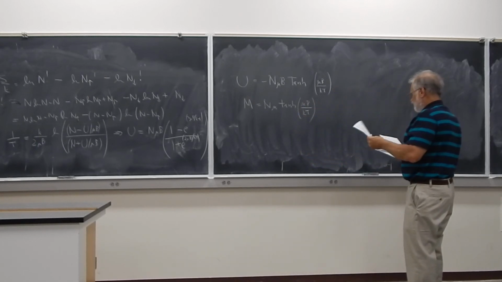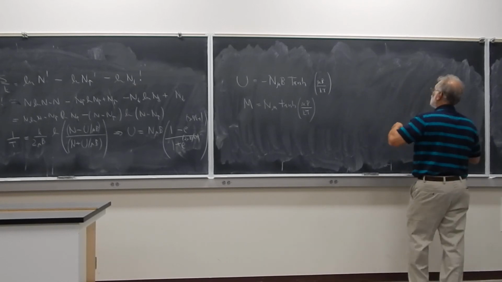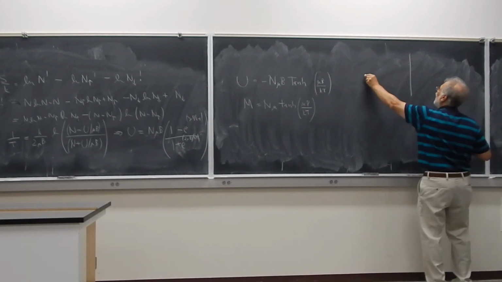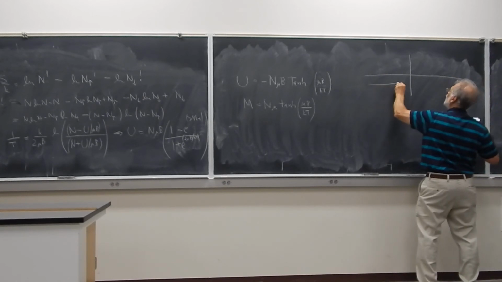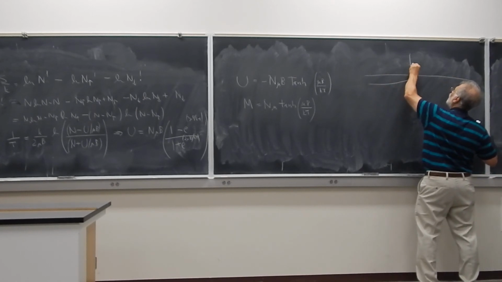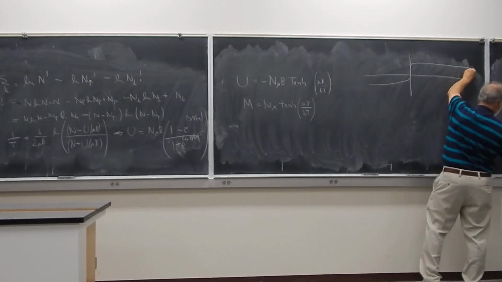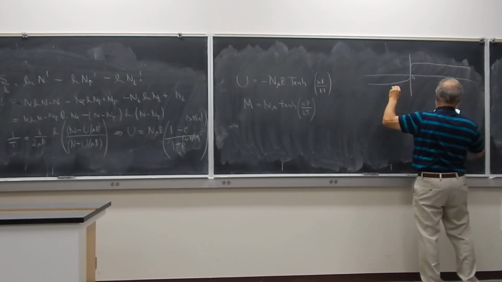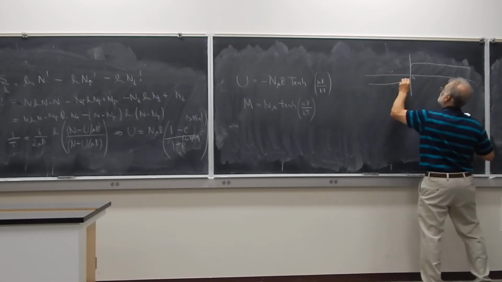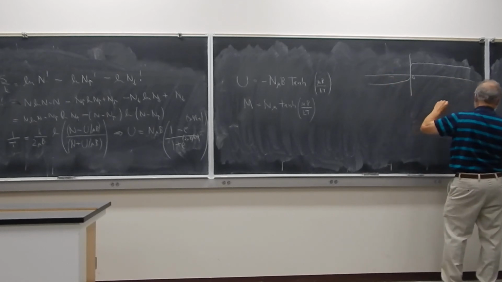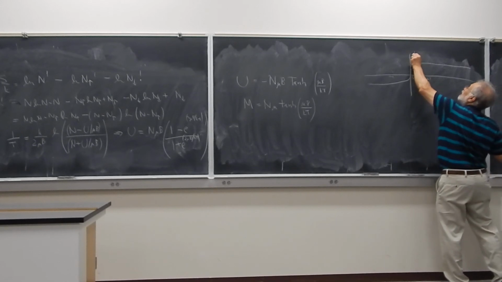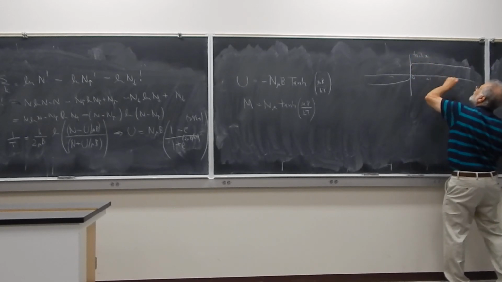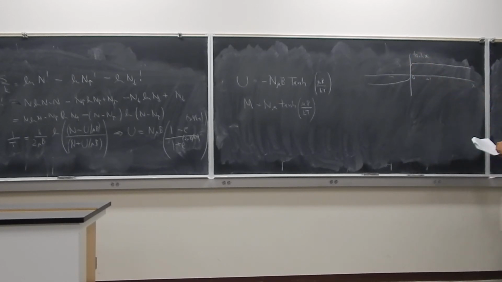Let's get a better feel for what this is. Suppose I plotted a hyperbolic tangent function. It would look something like this: zero, minus 1, plus 1, and so on. So this would be a hyperbolic tangent of x as a function of x.